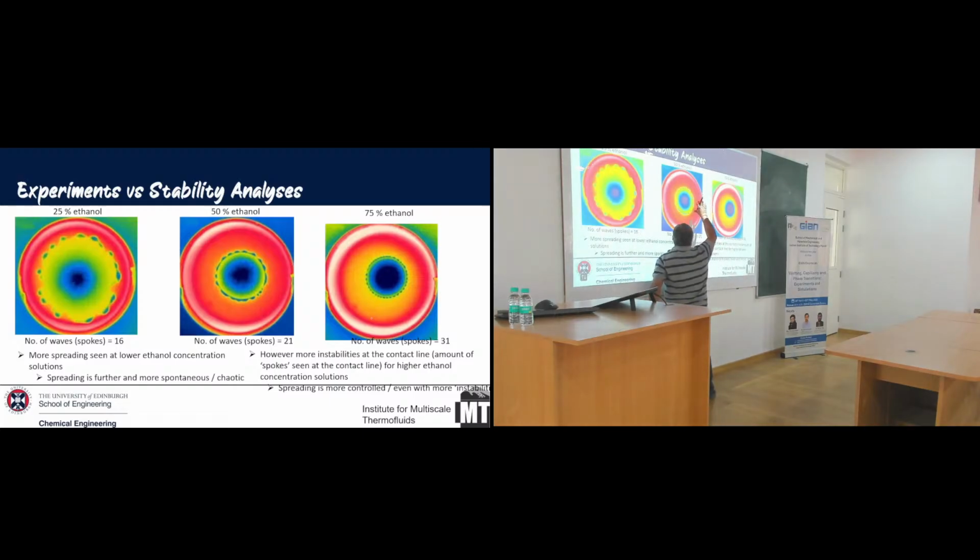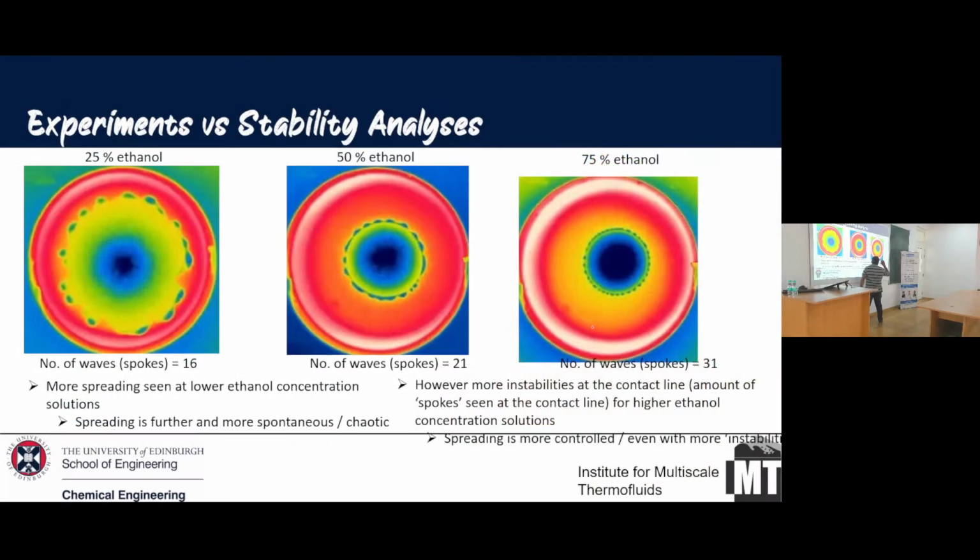It is a combination of Rayleigh-Taylor and everything else, but the origin of these spokes is a Solutal-Marangoni instability. In some systems, I think water-butanol, these also start rotating. It's a very funny thing.